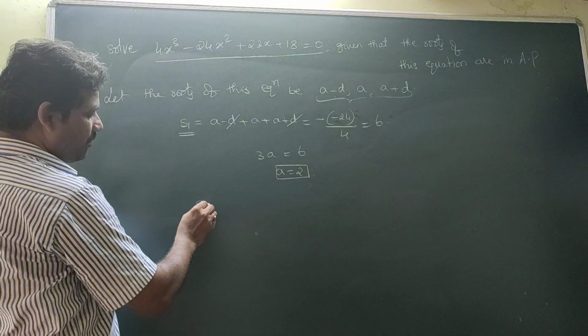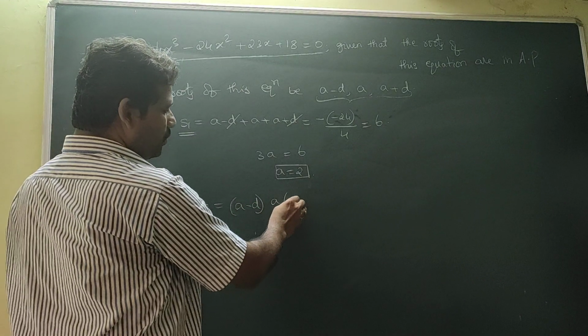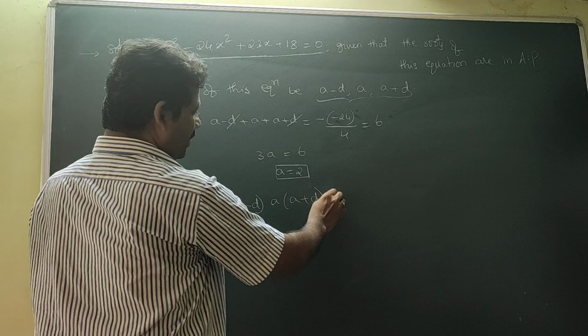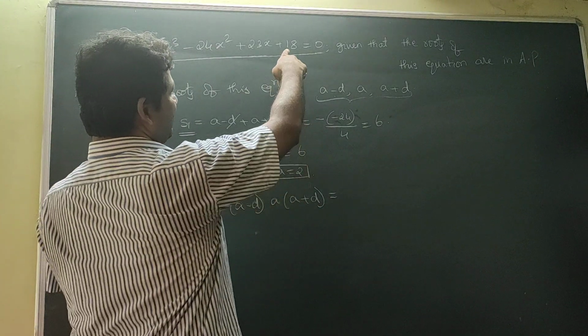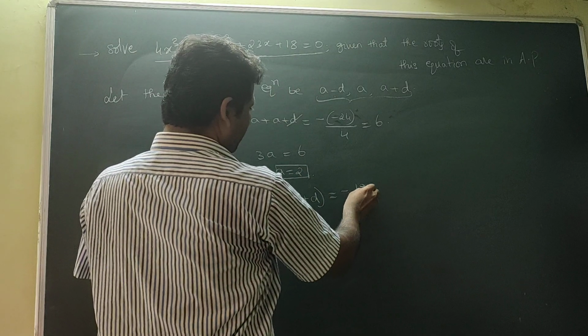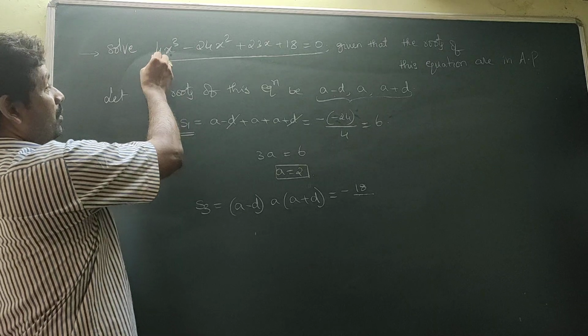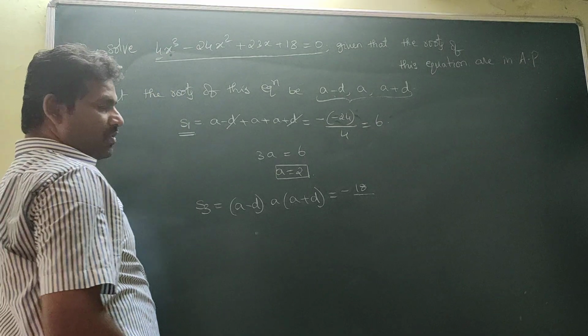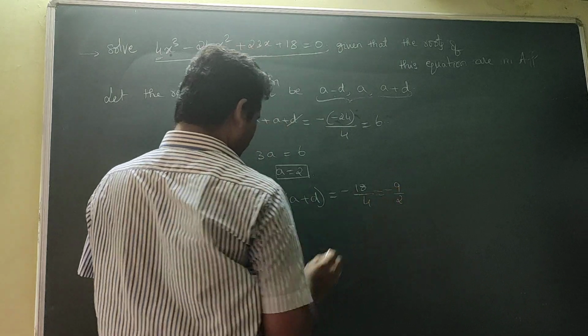Now take S3. What about S3? A minus D into A into A plus D equal to the product of roots. S3 is minus 18 by the x cube coefficient, 4. Don't forget this one, the x cube coefficient is 4. That equals minus 9 by 2.